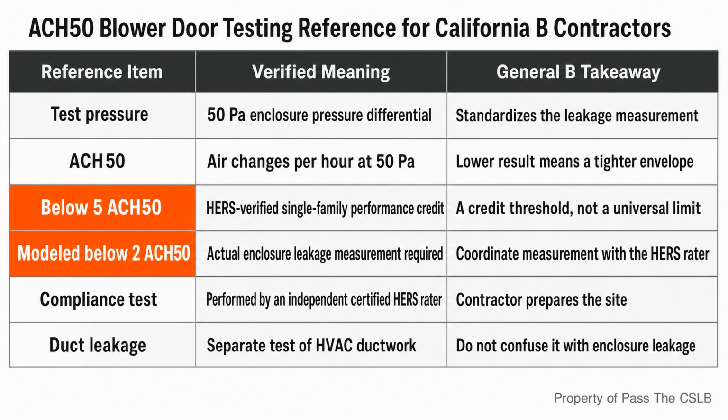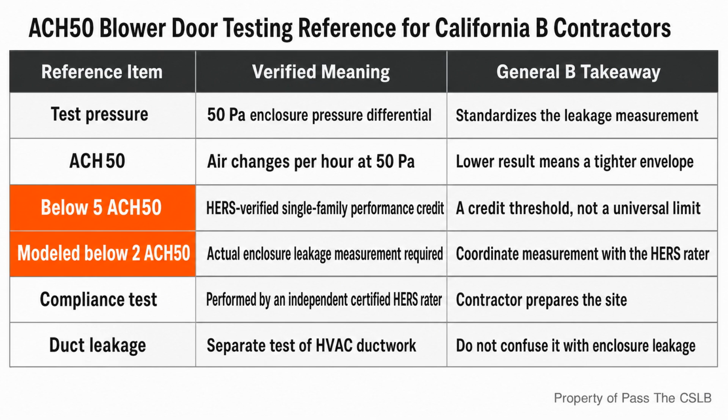Two California thresholds need careful wording because neither should be turned into a universal rule. Under the single-family performance approach, an energy credit may be taken when a home energy rating system rater verifies an envelope leakage rate below 5 air changes per hour at 50 pascals. That is a verified performance credit threshold, and it does not mean every California building has a universal maximum of 5 under every compliance path.